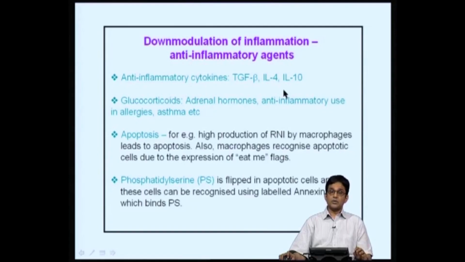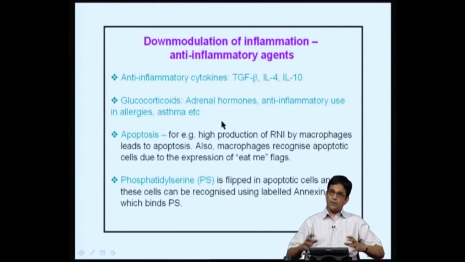Some hormones also play an important role, for example, glucocorticoids, and these are produced by the adrenal glands, and they are anti-inflammatory. They are useful in case of allergies, asthma, and so on. In case of heightened immune reactions, as observed in case of autoimmune diseases, sometimes glucocorticoids are also prescribed.